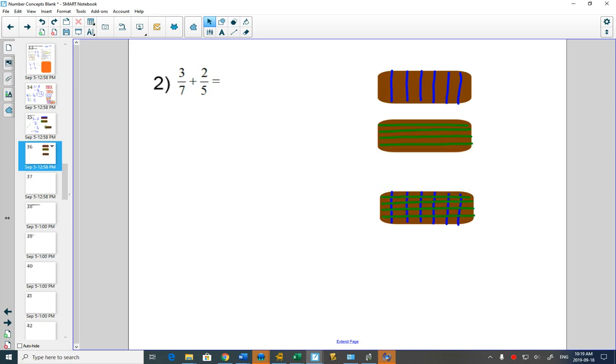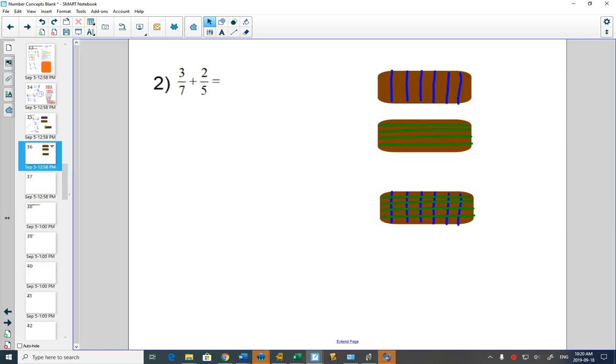Putting those together, your chocolate bar has how many pieces? If I cut it into 7 this way in the blue, 5 that way with the green, put it together, how many pieces do I have in total with the green and the blue together, those little squares? 35.